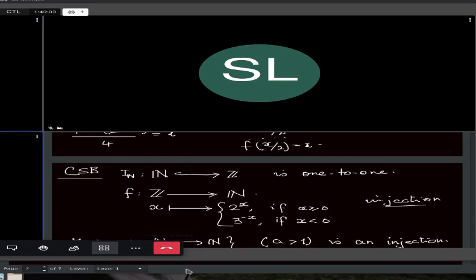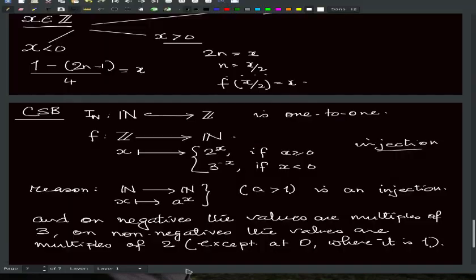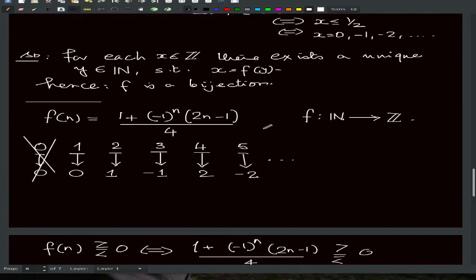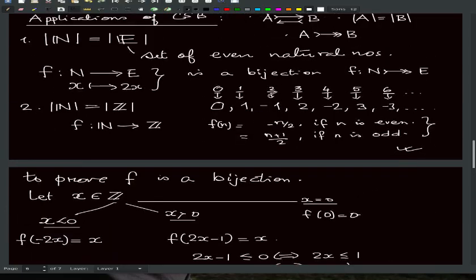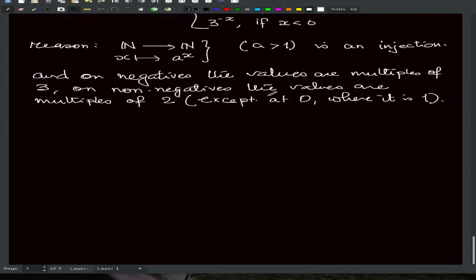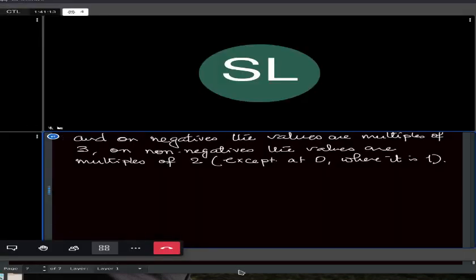So you see, there are other ways, obviously, where you established the bijection either by this or by this. Well, that's fine. There's no problem in that. But now you see, this is another way. Okay. So now let's take another one.